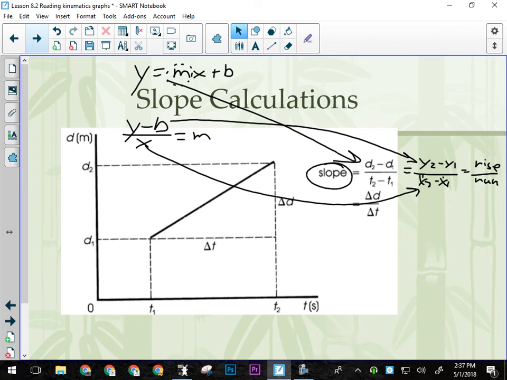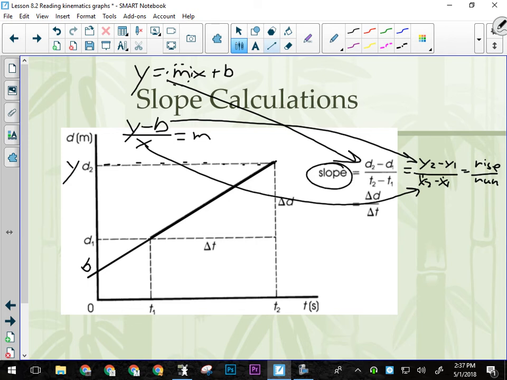I'm just going to extend it back here a little bit. So what I've got here is that this is b, this would be y, and this whole time here would be x. I'm still doing rise over run, still y2 minus y1. Here's y2, here's y1. I'm still doing the same calculation.